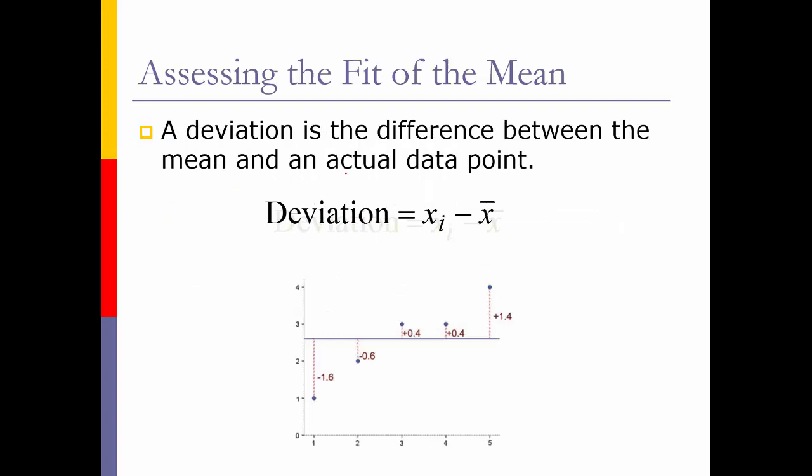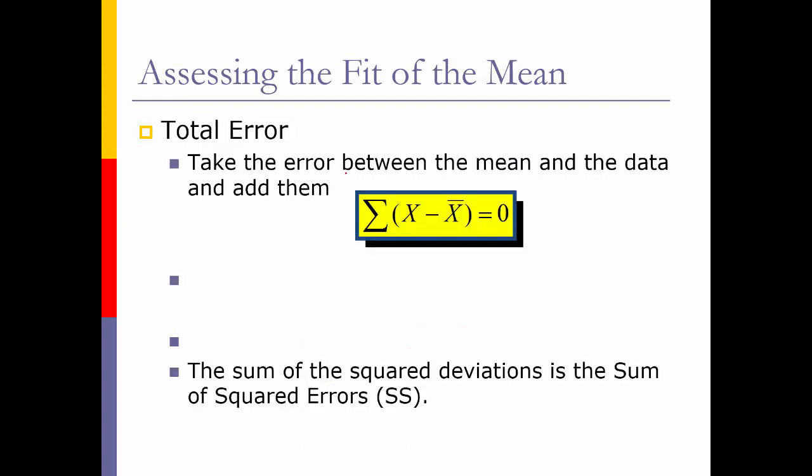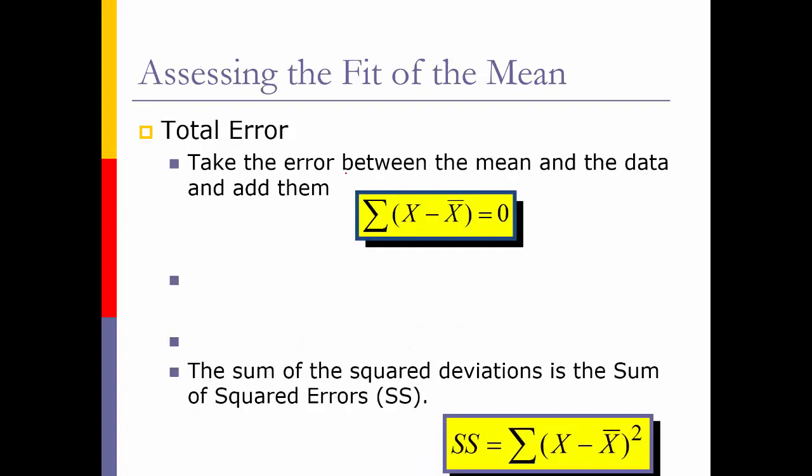Now a deviation is trying to assess the fit of that mean, and the deviation is just the difference between the actual data point and the mean of the data set. So to look at the fit of that mean, take x minus x bar for each data point, and the sum of those equals 0.